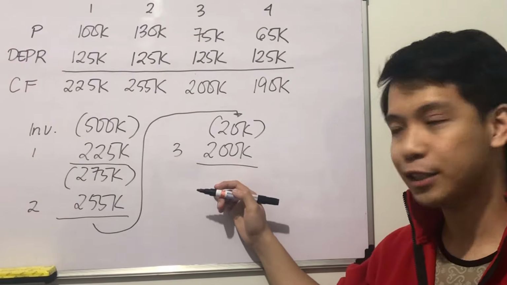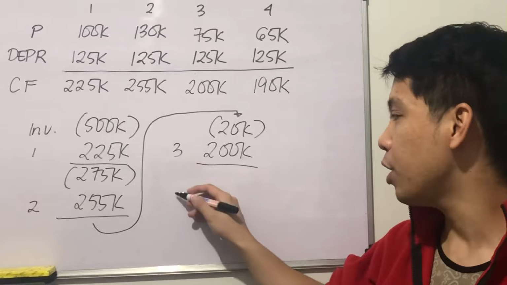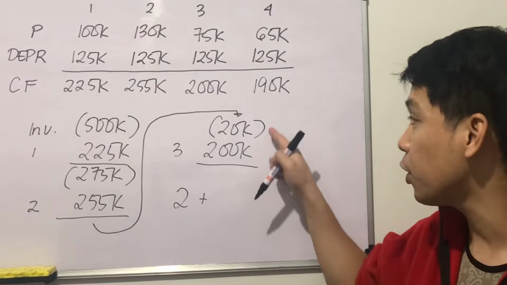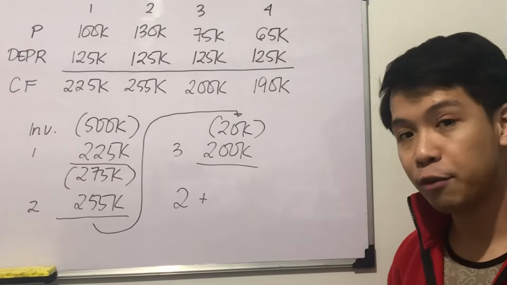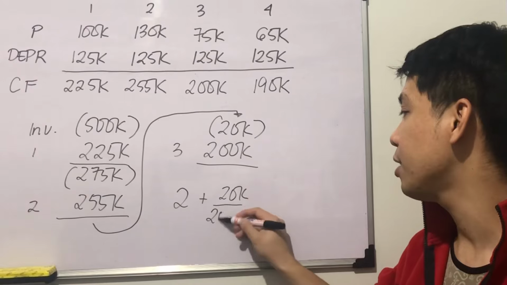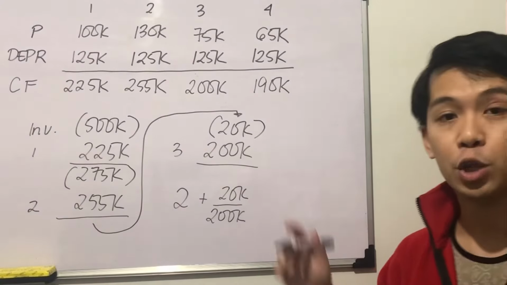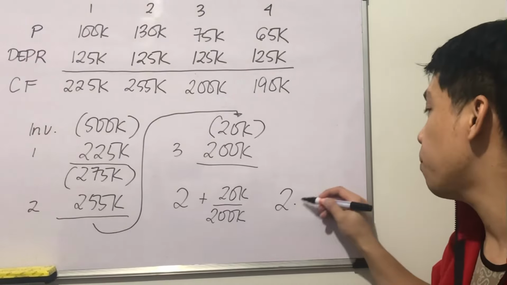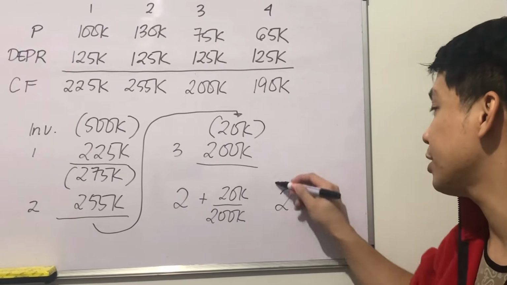In such a case, we do not need 3 years. We only need 2 years plus enough time to recover only 20,000. So if we need 20,000, and in this year we will generate 200,000, we only need 0.1 of that year. So the payback period is 2.1 years.